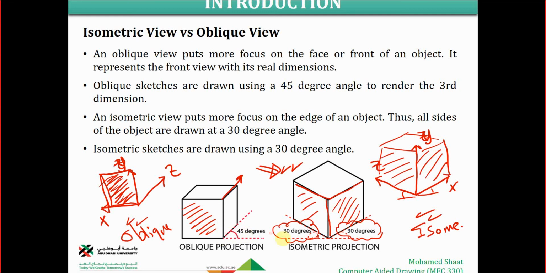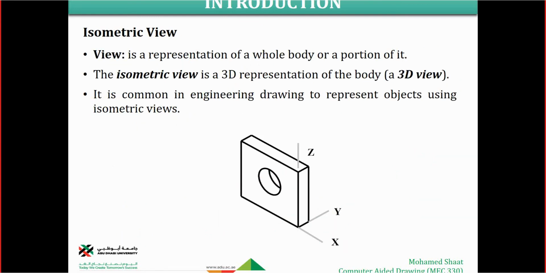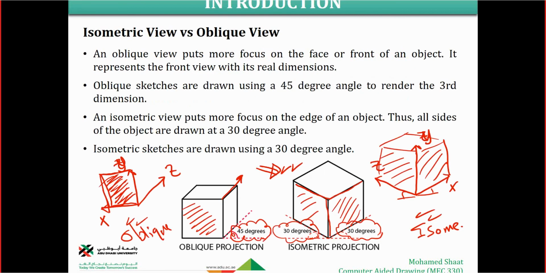Again, this 45 degrees is a standard thing in the oblique view. And the thing we're going to focus on is the three-dimensional view using the isometric. All right, so this is the beginning. What does three-dimensional view mean? What does isometric or oblique view mean? And the focus again is going to be on the isometric.